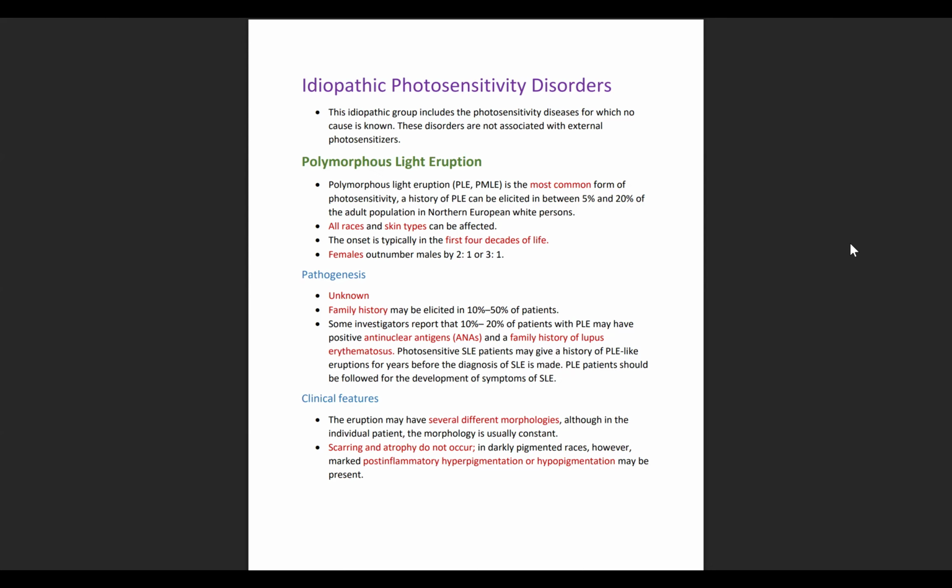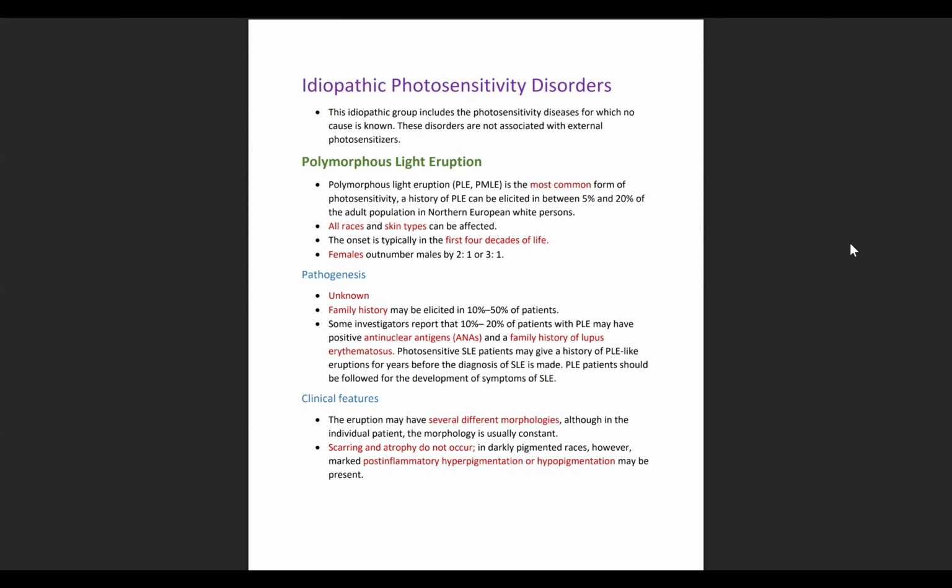Pathogenesis هي unknown cause. ممكن family history may be elicited in 10 to 50% of patients. Some investigators report that 10% to 20% of patients with polymorphous light eruption may have positive anti-nuclear antibodies or also a family history of lupus erythematosus.